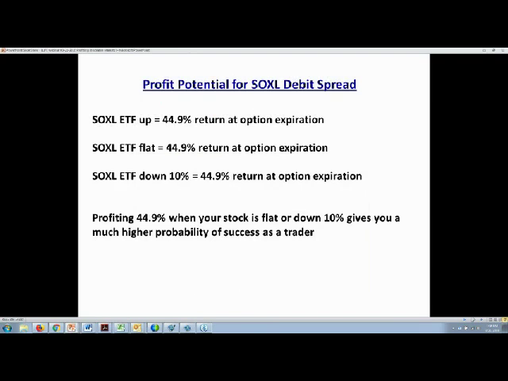So again, if the ETF is up at expiration, 44% return. If it's flat, 44% return. And if it's down 10%, we still get a 44% return. So if you can get a 44% return when your stock is flat or down 10%, that obviously is going to give you a much higher probability of success as a trader.